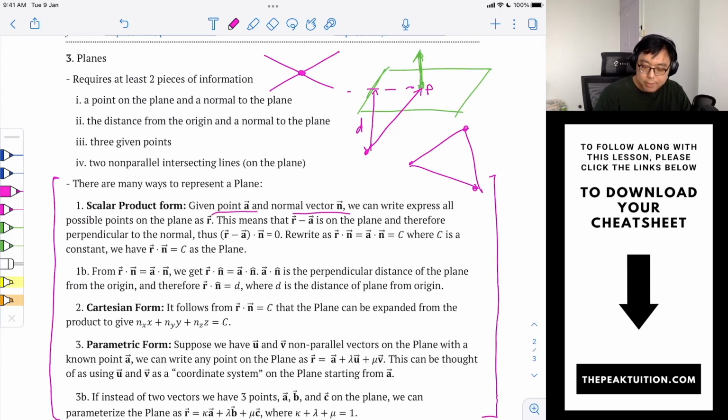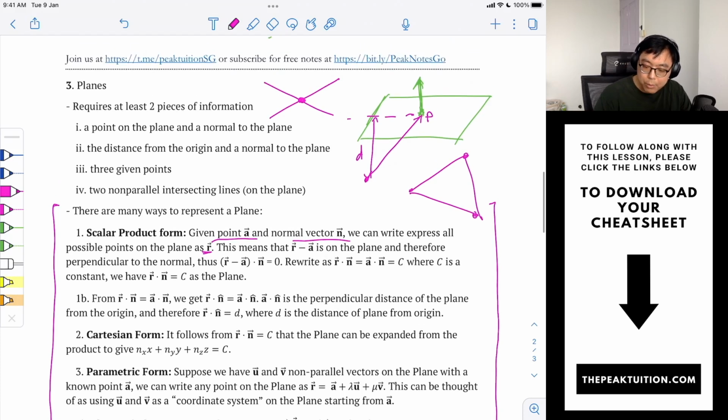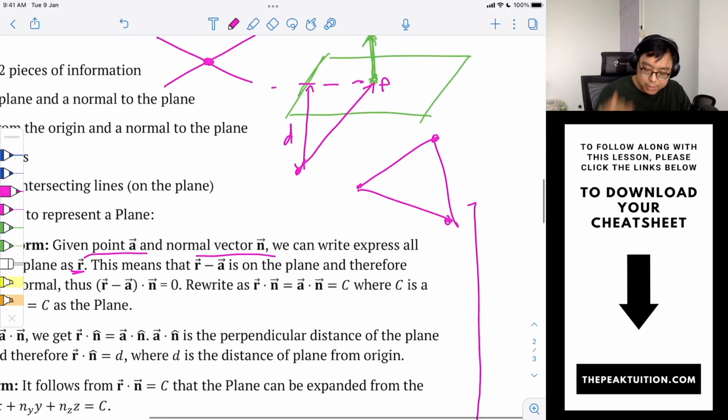We can express all the possible points on the plane as R, and we'll use back this illustration. Let's say this is an arbitrary point R, and this is A. We can see that RA is a vector that lies on the plane.